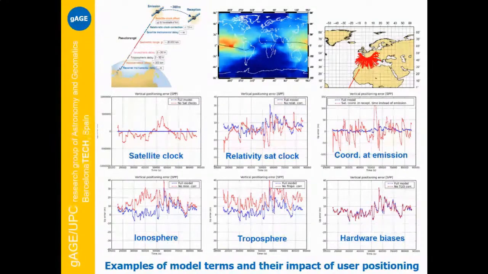All of these plots illustrate the effect of taking into account or not taking into account these model terms in the user positioning. And we can see that the impact on the coordinates that are being estimated, using or not using these models, is very, very important.